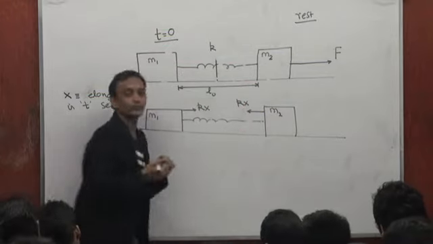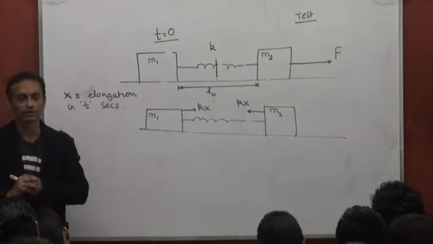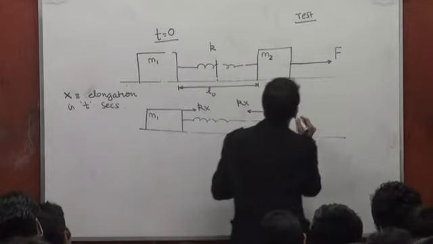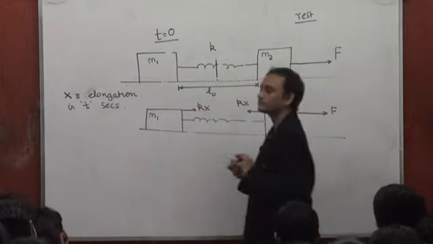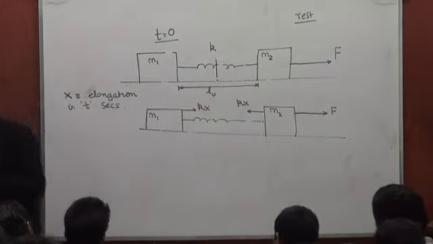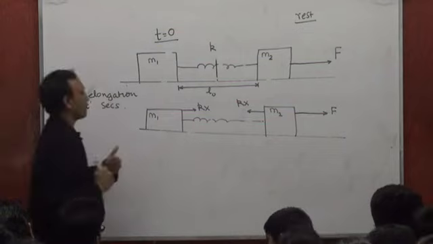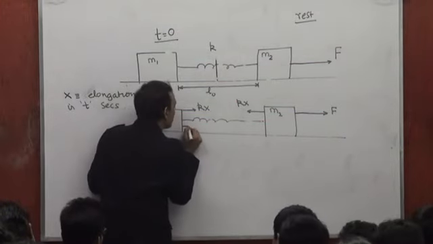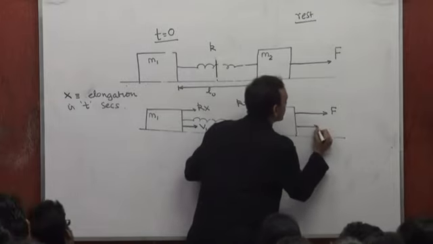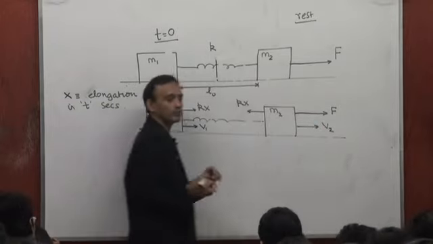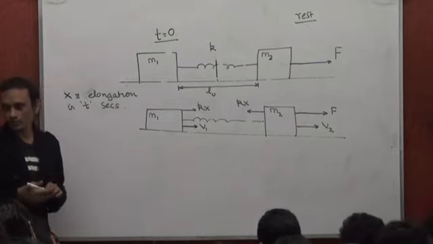Along with it, there is a prevalent constant force F acting to the right. By this time, both M1 and M2 would have developed velocities, V1 and V2, say.